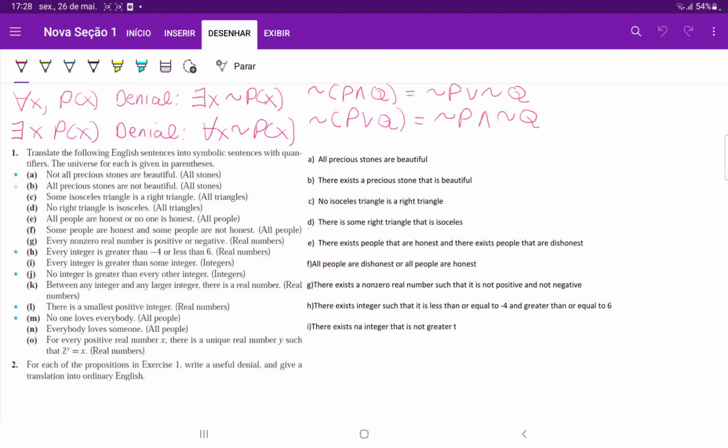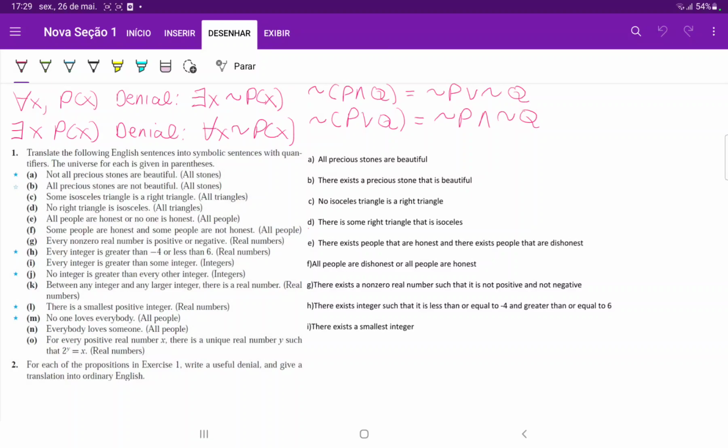A more clear way to say this is there exists a smallest integer, because that's a different way of saying there exists an integer that is not greater than every other integer, right? So that means that it's the smallest.